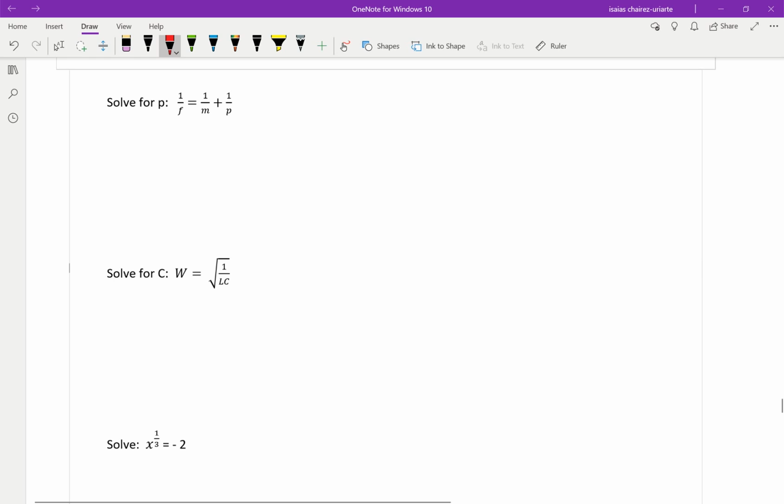On the second one, you have a radical equation, and you want to isolate the variable c. And on the last equation, we have to solve that equation. So give yourself the challenge of solving for the appropriate variables. Pause the video, take a couple of minutes, try to solve them.